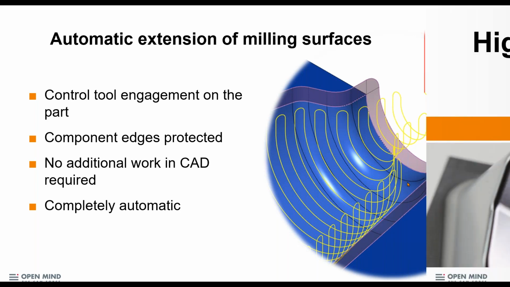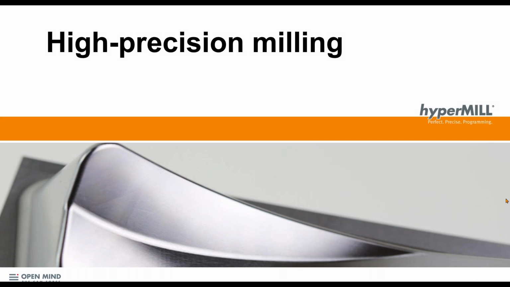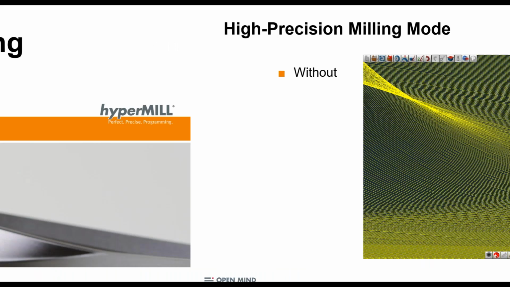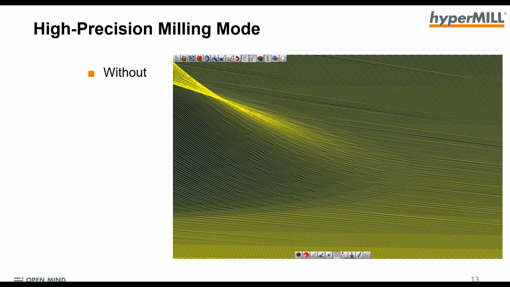Another relatively new area within hypermill is high precision milling mode. Now, what is high precision milling mode? Well, if I flick to the next slide, it's a new projection method of creating a toolpath.